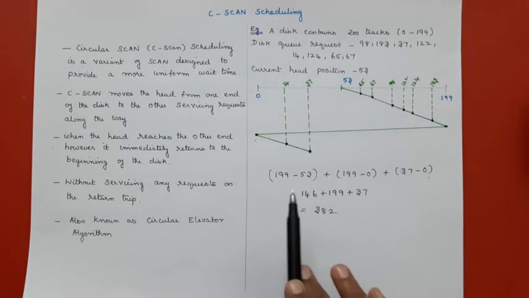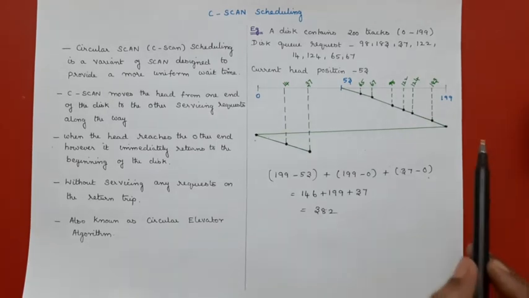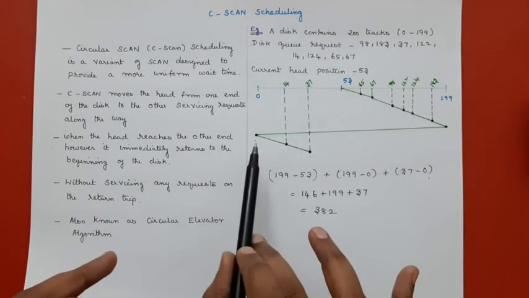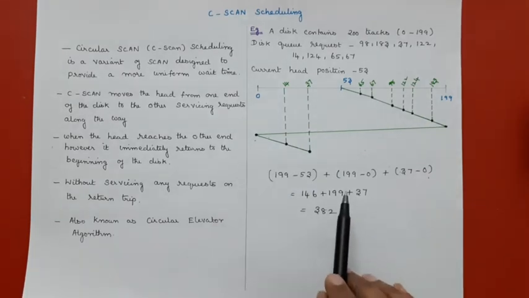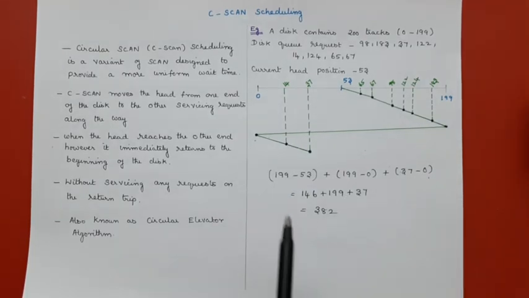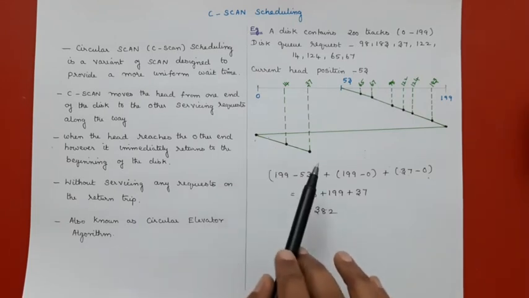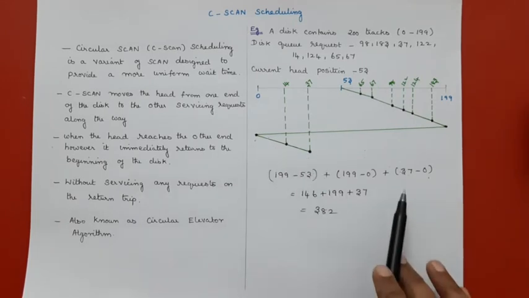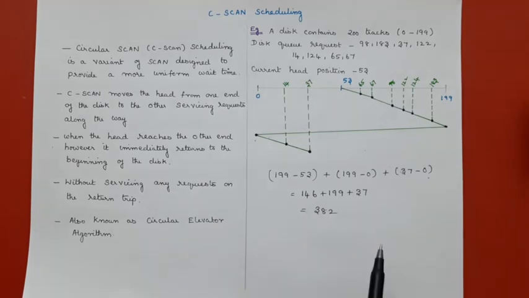So 199 minus 53, plus from 199 it is once again moving to the beginning, so 199 minus 0, plus from 0 it is moving until 37, so 37 minus 0. Just subtract everything and you will have 382. If you do it in this shortcut way, or in the way I told you in FCFS, both will give you the same result. So here the total head movement is 382 cylinders.